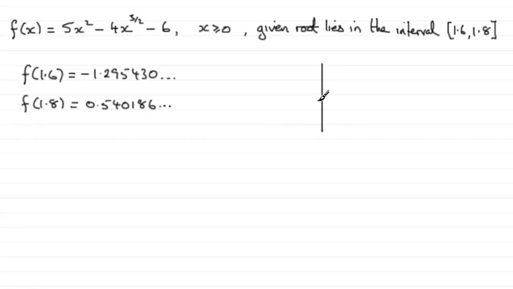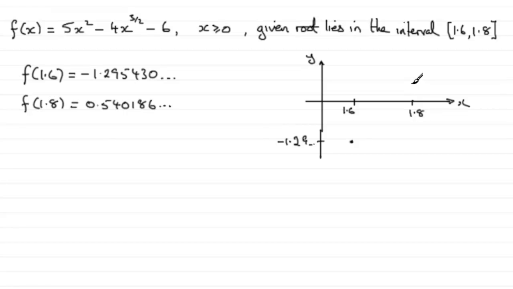So I'm just going to do a sketch of the graph, the kind of results that we've got so far. We know that there's a root somewhere between 1.6 and 1.8. Now this is not drawn to scale. It doesn't really matter so much about that. But we know that at 1.6 we've got a negative value. We'll put it down here, and that value is minus 1.29 and so on.